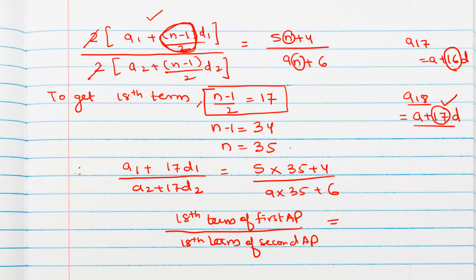Okay, and here we can multiply, so directly the ratio will come. So 179 by 321 is the ratio of their 18th terms.